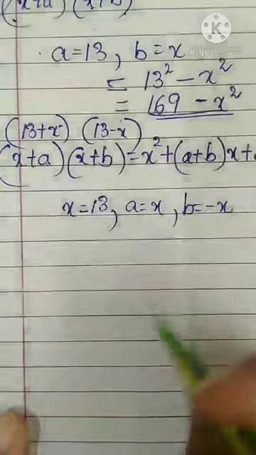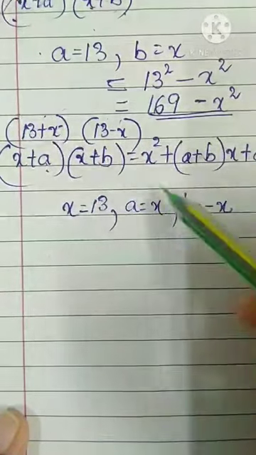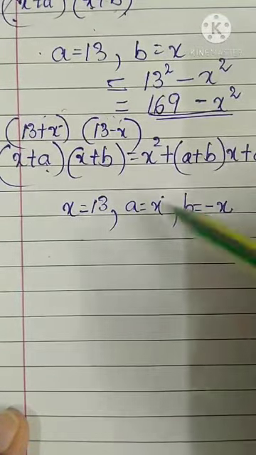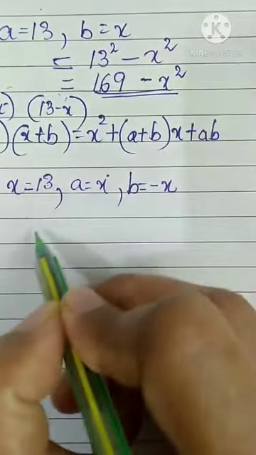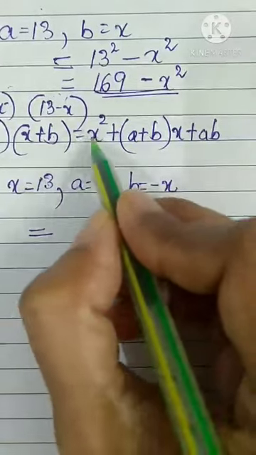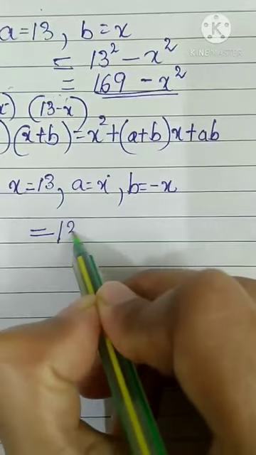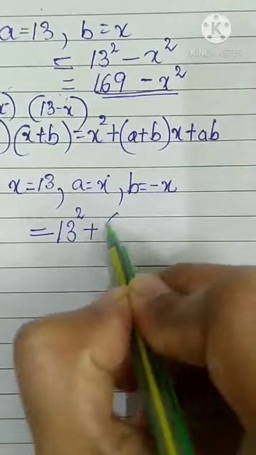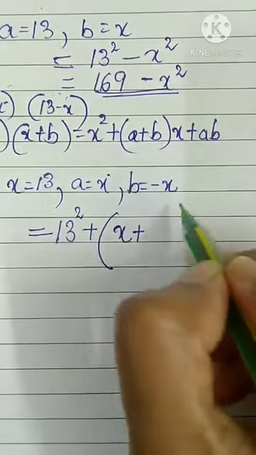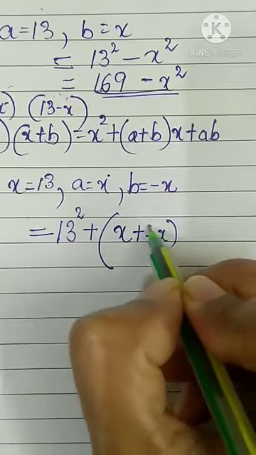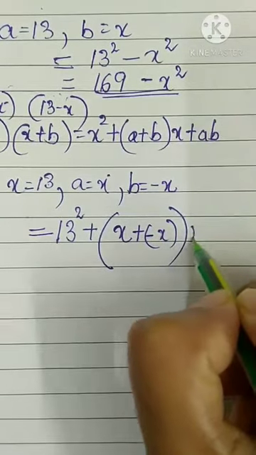Okay, correct, no? X is 13. A is x. B is minus x. Put it in the formula. Wherever you see x, you will put 13. So start with equal to, in place of x, you will put 13 square plus bracket start, a is x plus b is minus x into x.